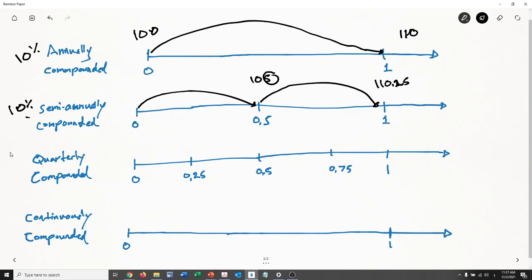Again, let's increase the frequency of compounding in a year. So in an annual compounding case, the rate is compounded only once. In the semi-annually compounding case, the rate is compounded twice. In the quarterly compounded case, the rate is compounded 4 times. So again, if we are relying on a 10% quarterly compounded rate, the 10% is an APR, an annualized percentage rate, which means I cannot use it to calculate.